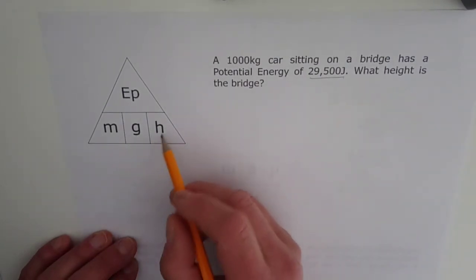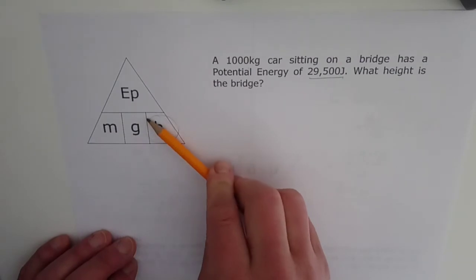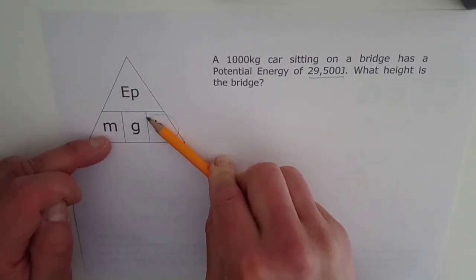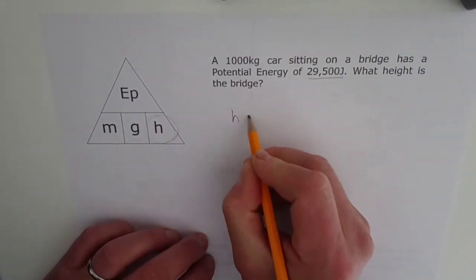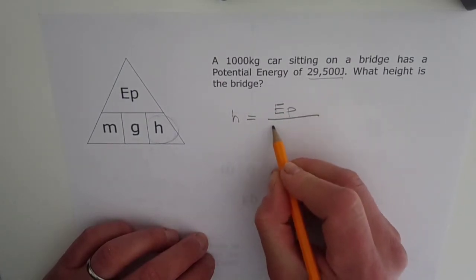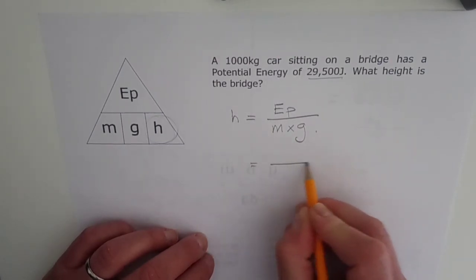Okay, so we're looking at the height this time, so we're looking at this area. If we cover this up, we're looking at potential energy divided by the mass times the gravity. So height is equal to potential energy divided by mass times gravity. And as always, we're going to work out the bottom bit first.